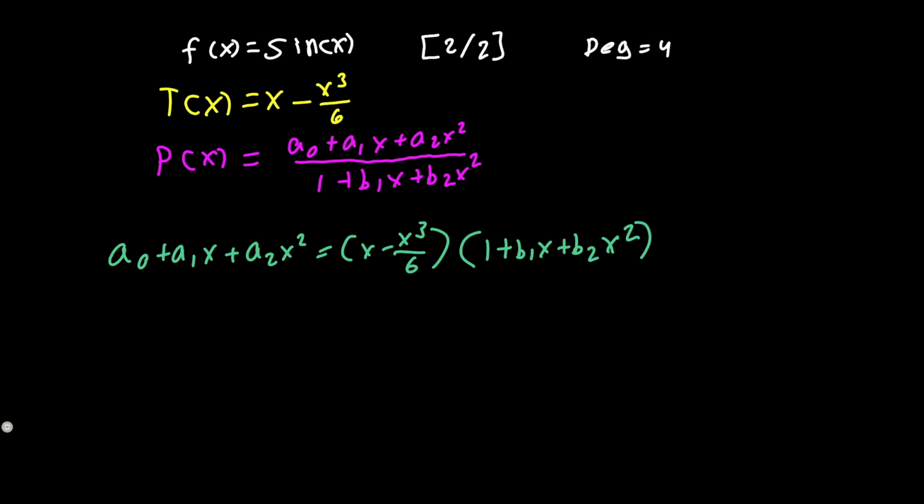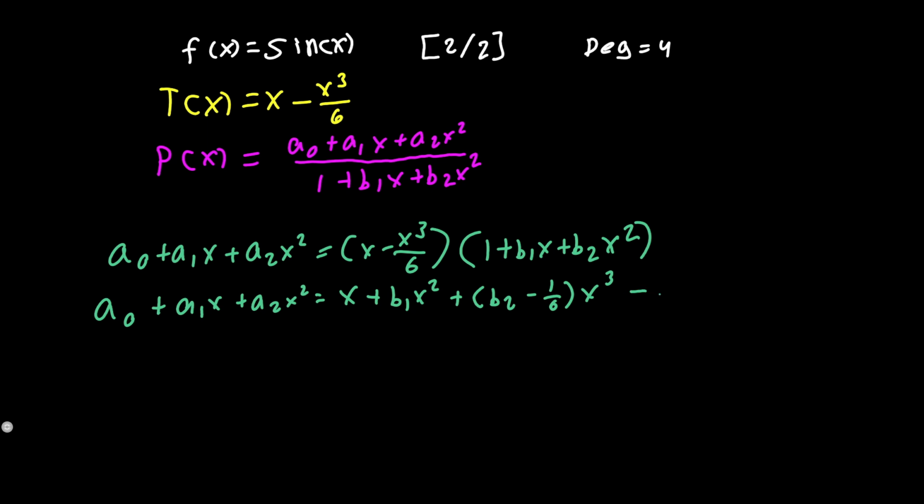We're just going to skip the expanding, so we have a1x plus a2x squared equal to x plus b1x squared plus b2 x cubed, minus 1/6 x cubed and minus b1 over 6 x to the 4.